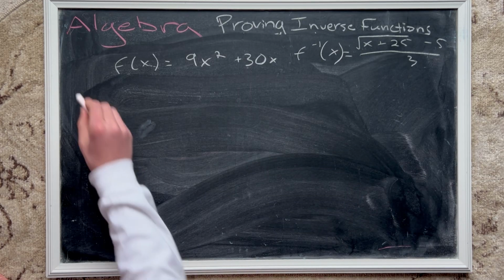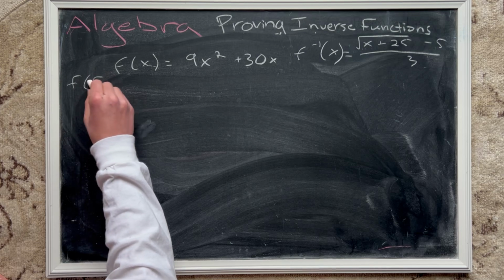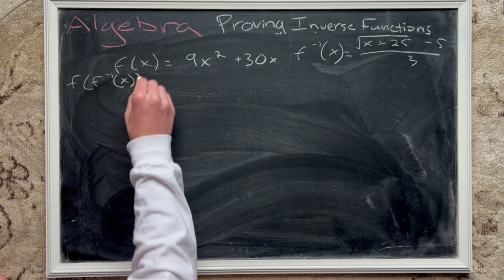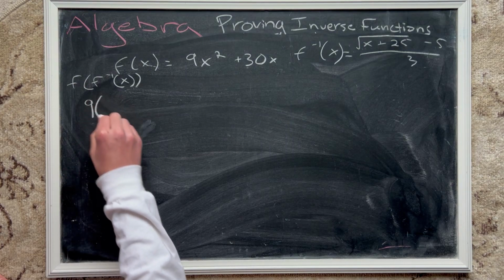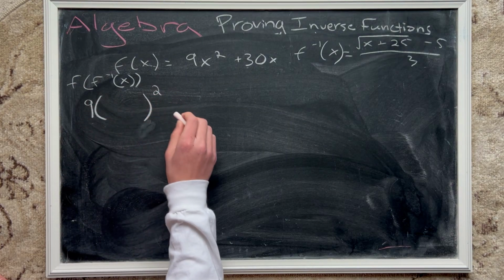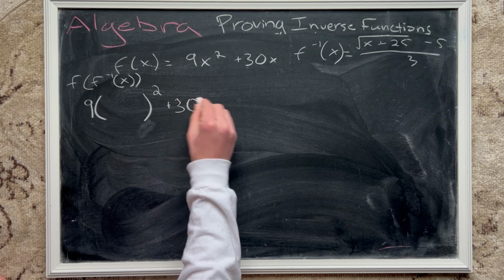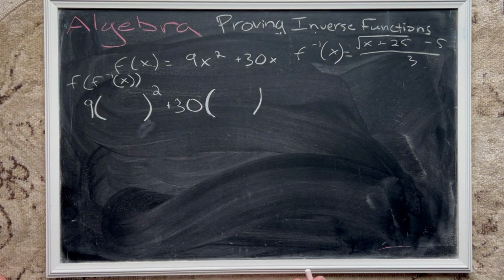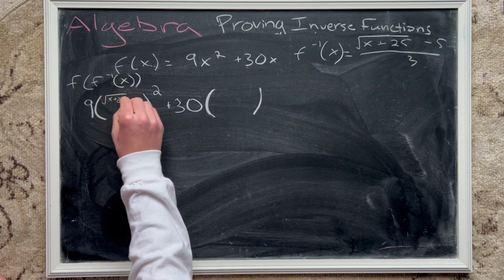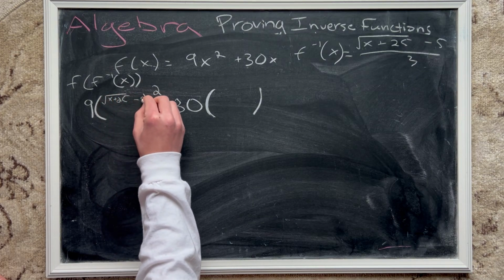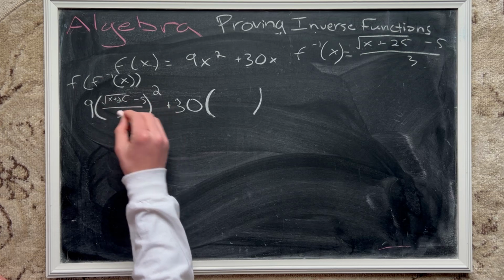We're going to first take f of f inverse of x. So we start with our f of x. We get 9 times the quantity squared plus 30 times the quantity. So we're going to put in the square root of x + 25, minus 5, over 3.